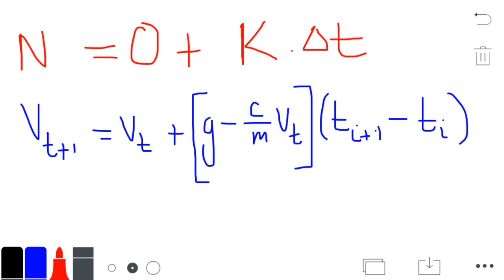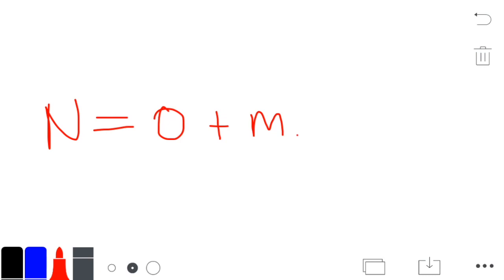Now this represents a simple linear equation where the new value equals the old value plus the slope multiplied by your step size. And this is formally called Euler's method. Now let's apply that to our falling parcel in the next exercise.